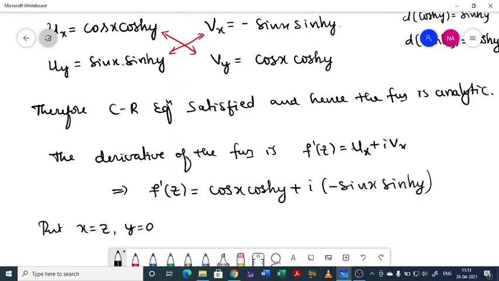Then f dash of z equal to cos z, cos 0 is 1, cos hyperbolic 0 is also 1, sin hyperbolic 0 is 0. So it will be cos z into 1 plus sin z into sin hyperbolic 0, that is 0. So we get cos z. Here the given function is sin z and its derivative is cos z. That you have to keep in mind.